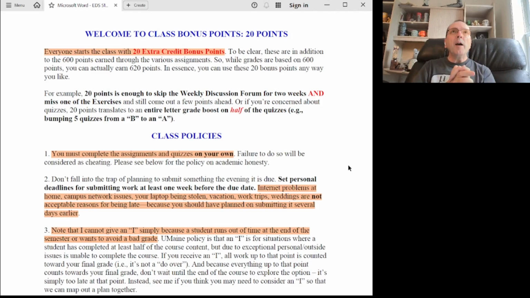Or someone might be thinking, well, I'm going to be off for a week. Am I going to miss an exercise and the discussion forum, or do I need to try to squeeze these in somehow? No, no, no. Then they think, oh, wow, those 20 points are enough to skip two discussion forums and one of the exercises, and I'm still ahead a couple. So that's what it's there for.